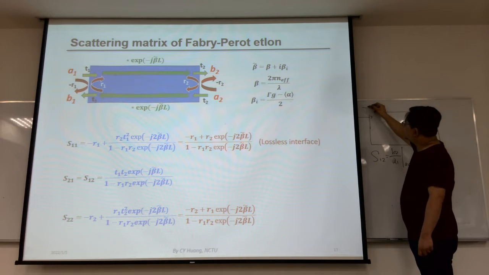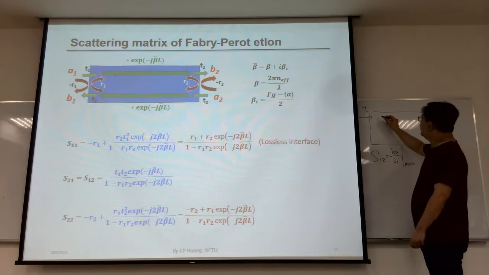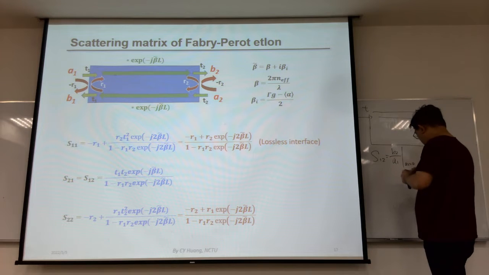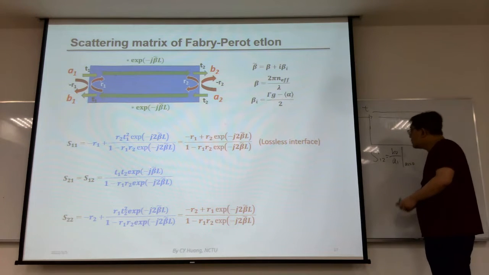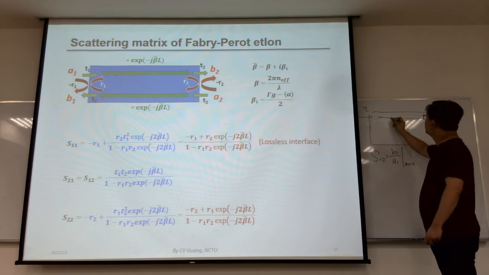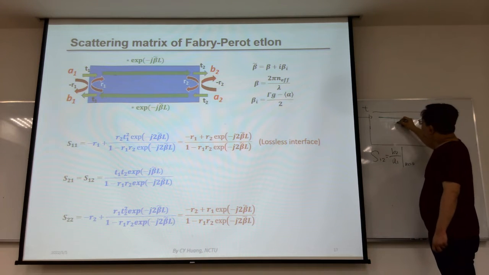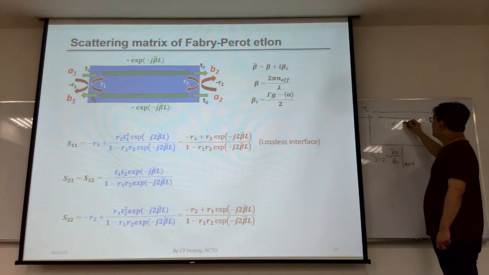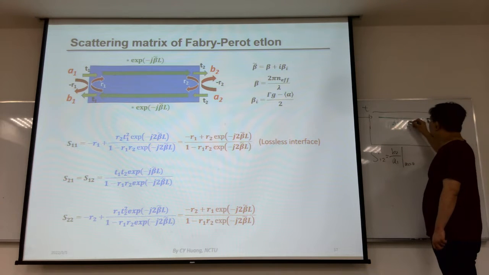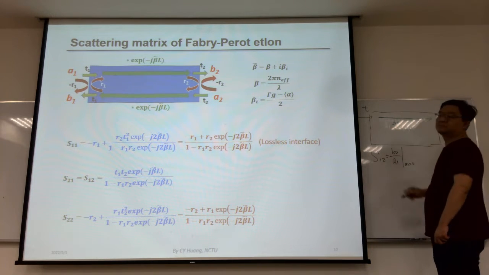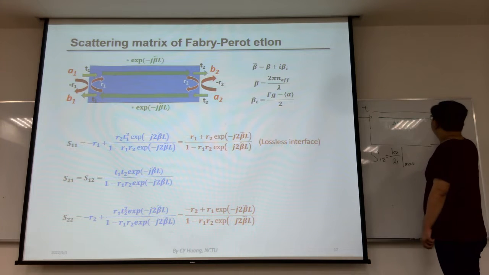It has a T, then propagating, exponential minus j beta L, and leaves this system.